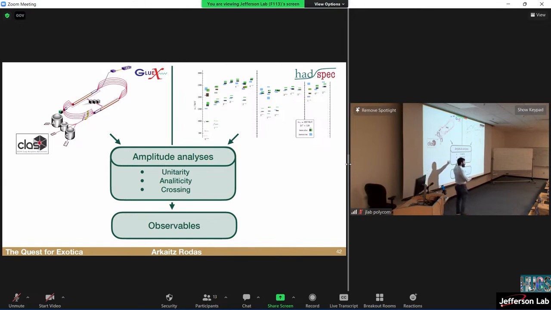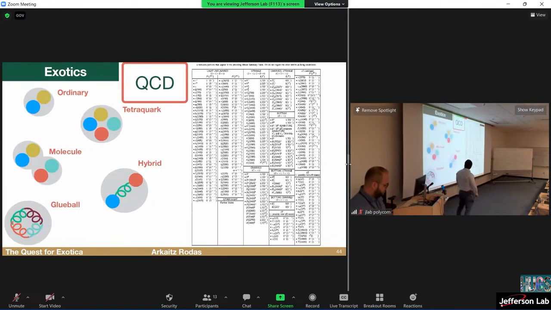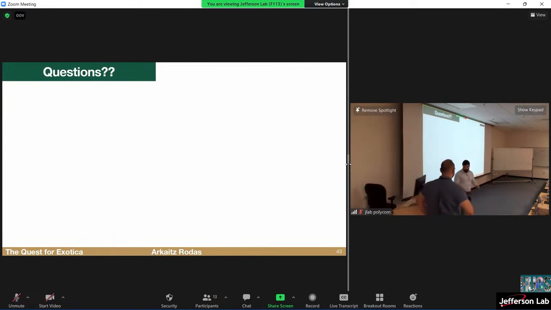You must do what we call amplitude analysis. And here, we are going to impose very basic principles to extract the observables that we want to get into QCD or other possible processes. So I had a few slides to motivate the next set of lectures, but I'll stop here.